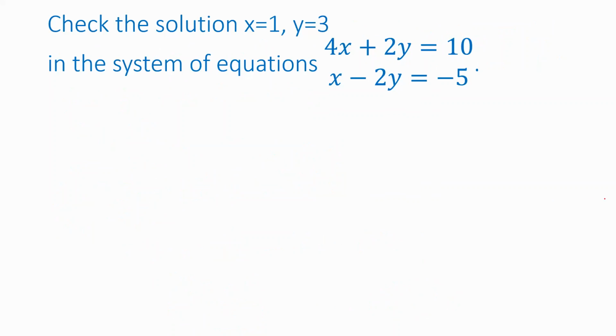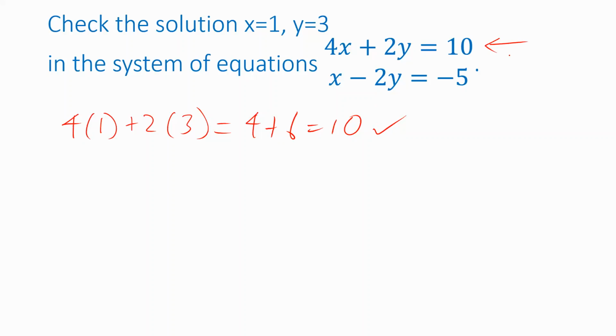So let's say you found the solution we did, x equals 1, y equals 3, and you want to make sure you're right. All you have to do is plug that value in to each equation to make sure that the equations work out. So in the first equation, I'm going to replace the x with a 1 and the y with a 3. So that's 4 plus 6, which totals to 10. That's right.